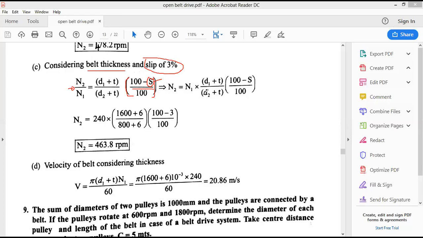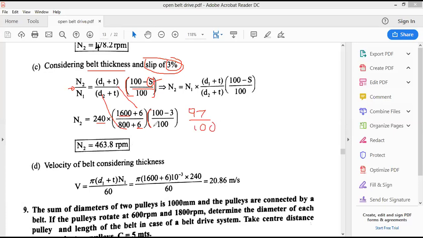Now if we start substituting the values, N1 we know, which is 240, D1 is 1600, T is 6 mm, D2 is 800 mm, T is again 6 mm, and into the slip percentage, 100 minus 3, that means 97 divided by 100, because it is in percentage.